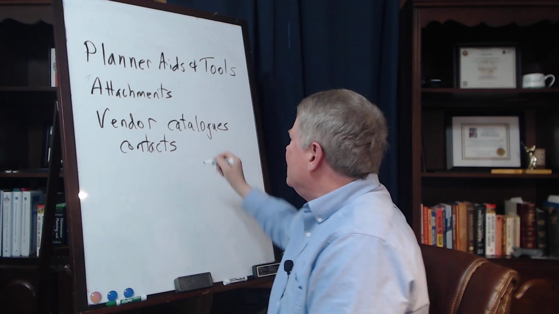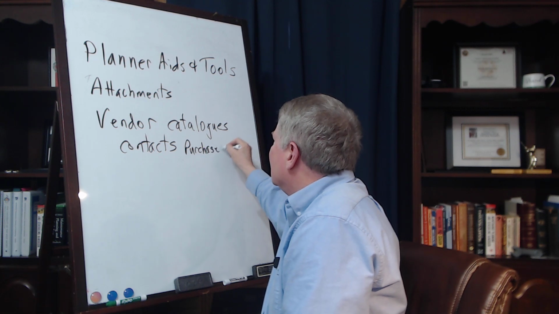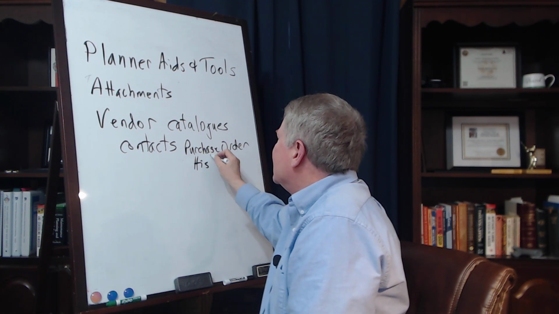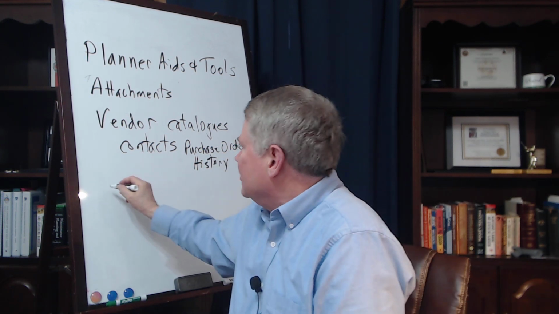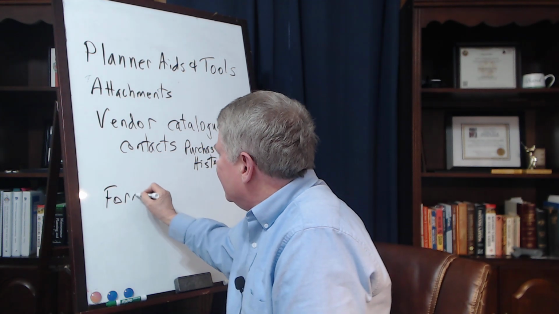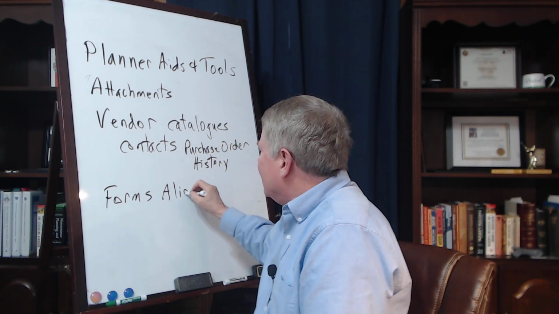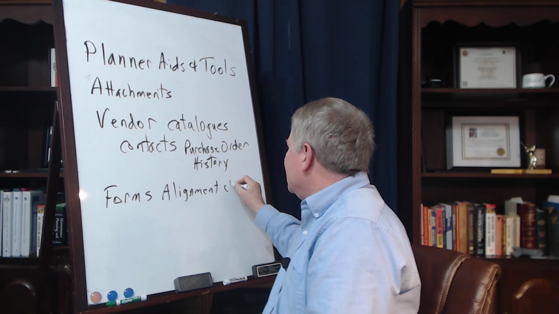Could be in here you have purchase order history. These are all things that the planner should have at their fingertips in the planner office. And then forms. You might have alignment check sheets.